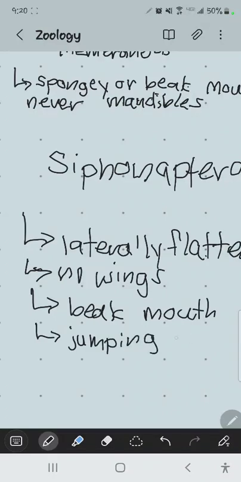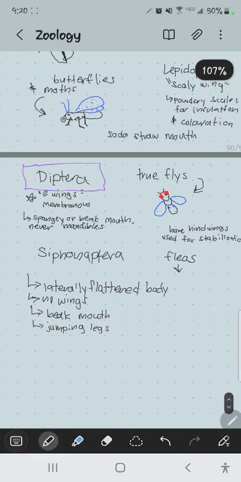So in a flea, you have something like this. Here's the head, beak-like mouth part. That's kind of like what a flea looks like.